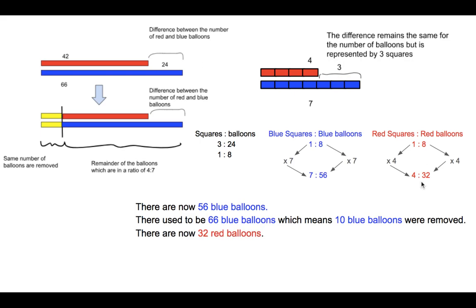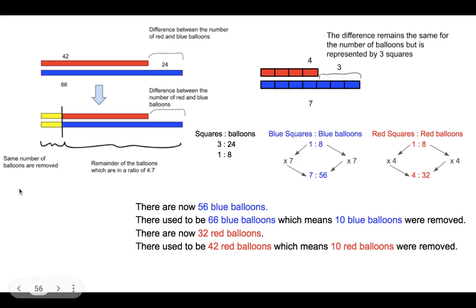There are 32 red balloons, but there used to be 42 red balloons, which means 10 red balloons were removed. So 10 blue and 10 red, which makes sense because the same number were removed. So that means he gave away a total of 20 balloons.